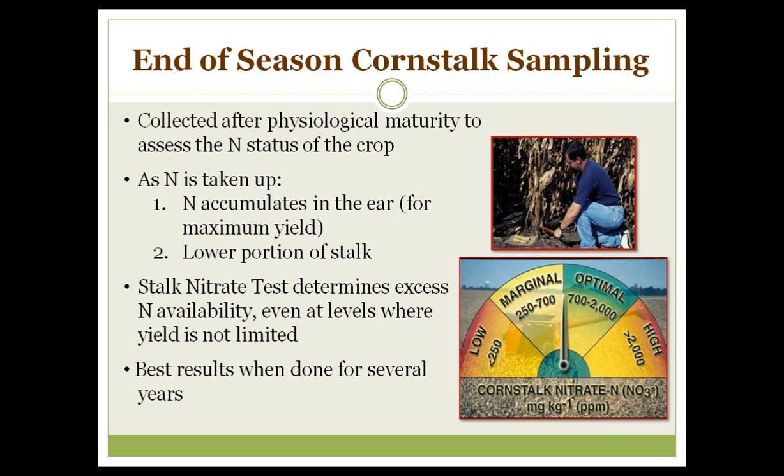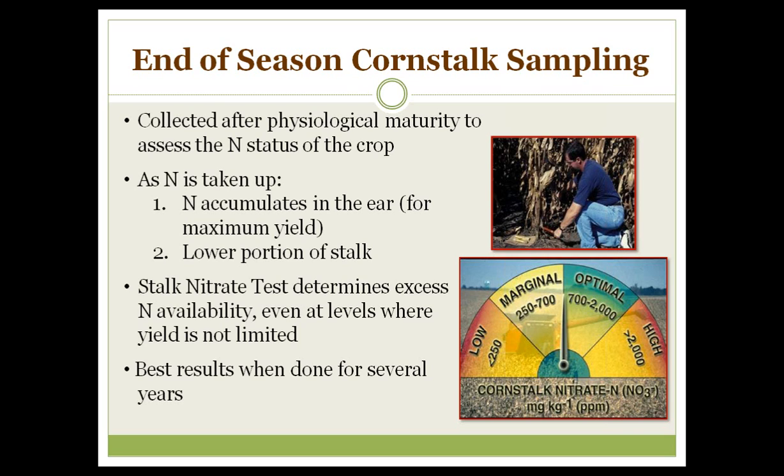As long as there is nitrogen available and the plant is not at its yield potential and conditions are good, it's going to pull that nitrogen up until the point where it's reached its maximum yield potential. At that point, nitrogen starts accumulating in the lower portion of the stalk.